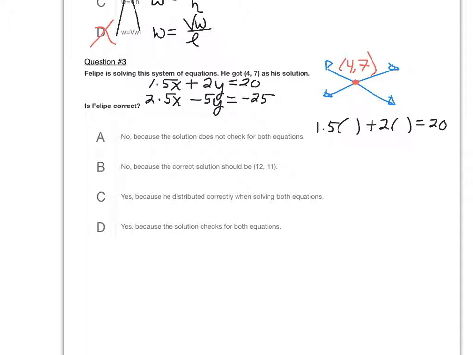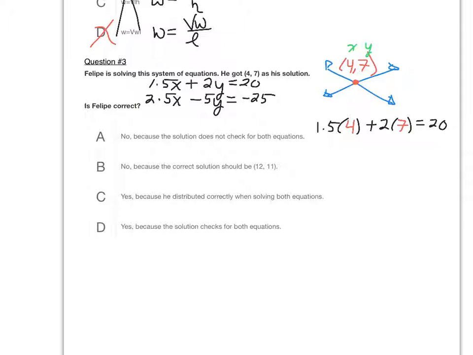So we're going to plug in our x value, which is 4, and our y value is going to be 7. So 1.5 times our x value of 4 plus 2 times our y value of 7, and we're going to see if that equals 20.